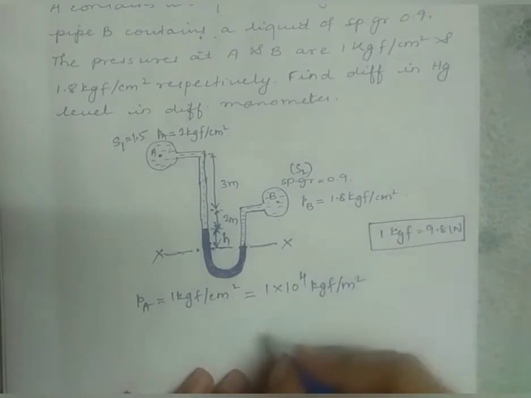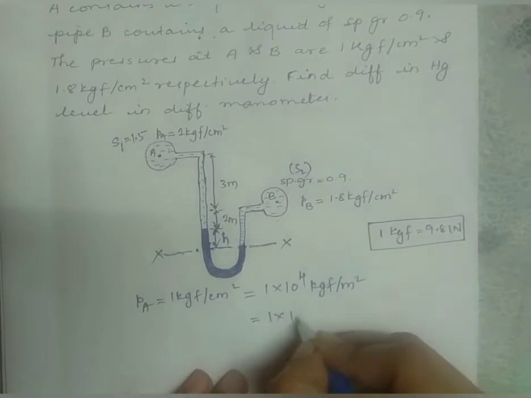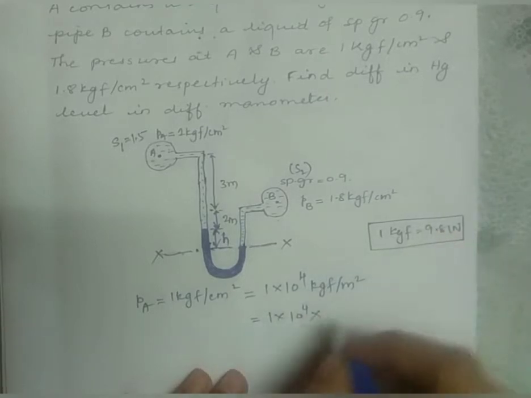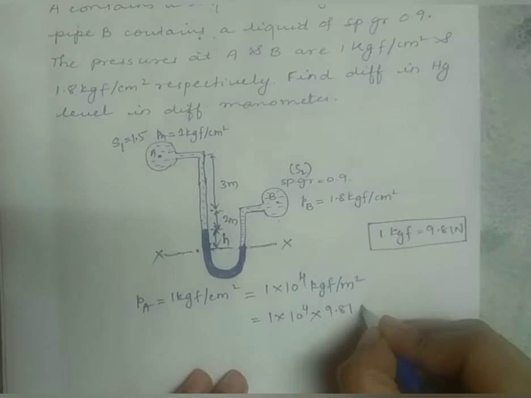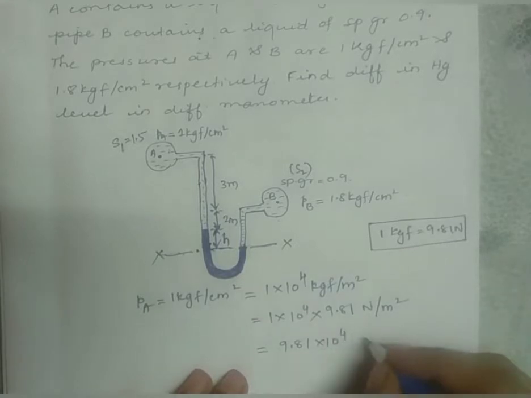Again I convert it into Newton per meter square: 1 into 10 raised to 4 into 9.81. So it is 9.81 into 10 raised to 4 Newton per meter square.